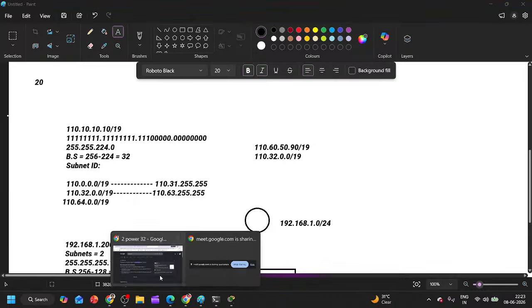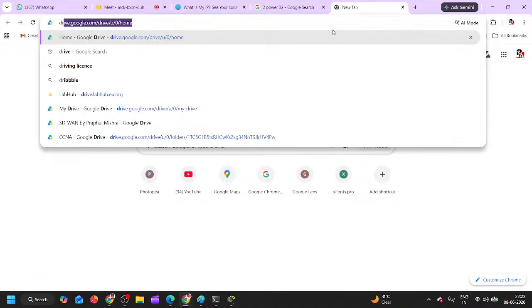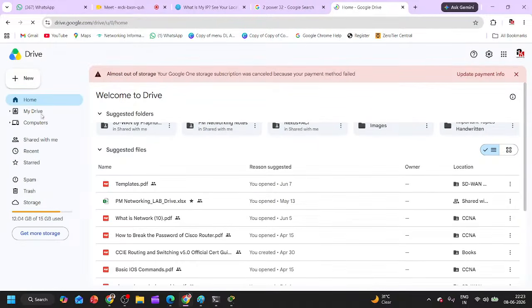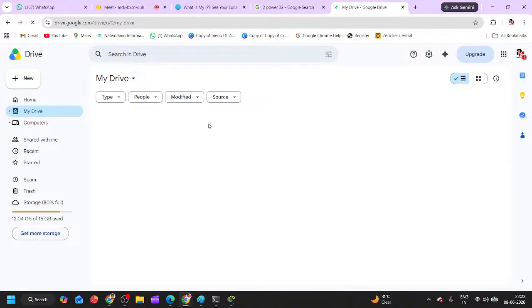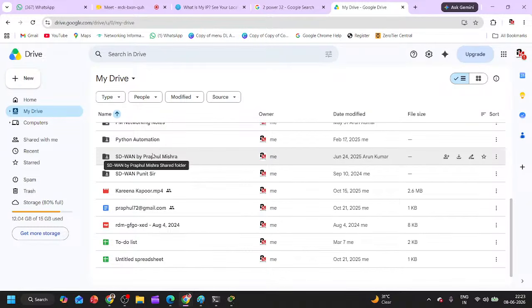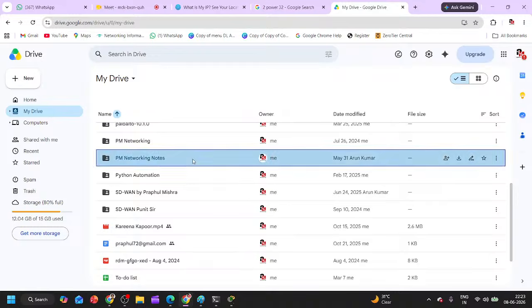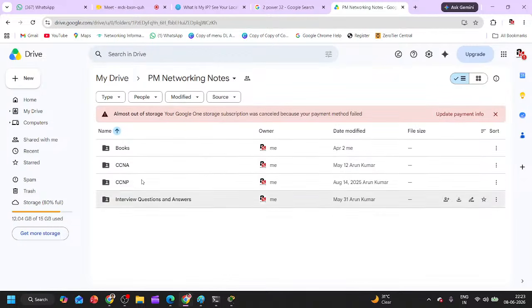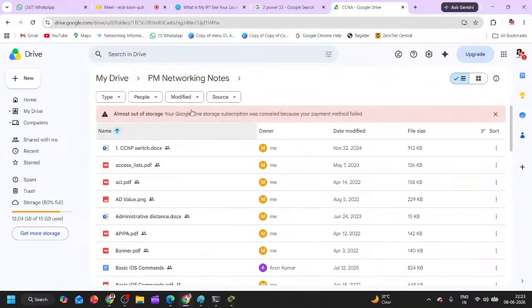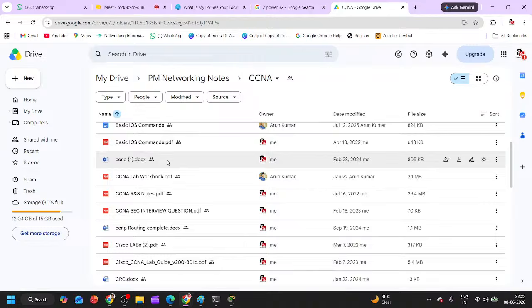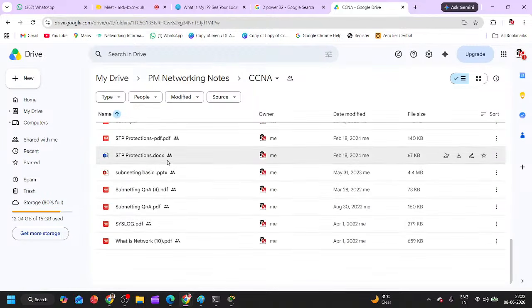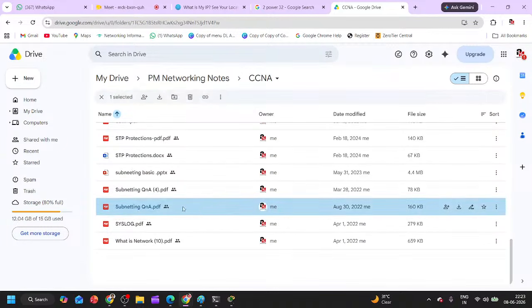There are some easy questions and some tough questions. Let me show you that as well. I'm expecting you all have access to this folder on my drive, PM networking notes. Inside CCNA, there is one file with the name subnetting. Just search for it. Here you can see subnetting Q&A.